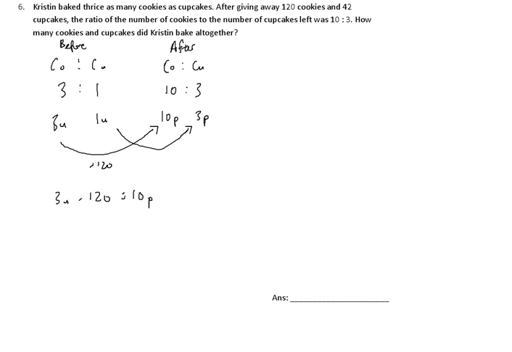Jack? Minus 42. So I have 1 unit minus 42 equals to 3 parts. Okay, now what's the next step, Kaden? The next step is to make the parts the same. How do I make the parts the same, Colin Au?